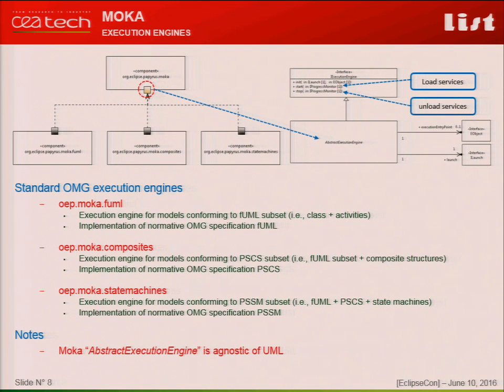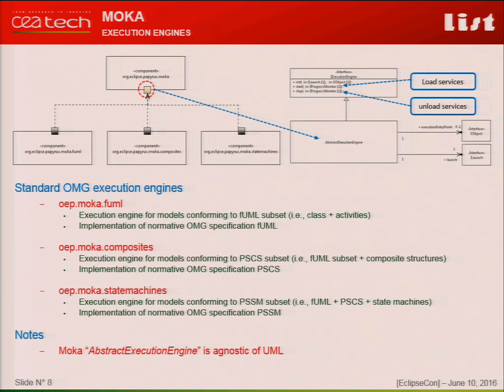We also have another one, which is for state machines, and it provides a way to interpret state machine models. All these execution engines are cumulative, so the subset that is supported here is included in this one, and this one is included in this one. So if you use this one, you also have the possibility to use composite structure, classes, and activities in the same simulation model.